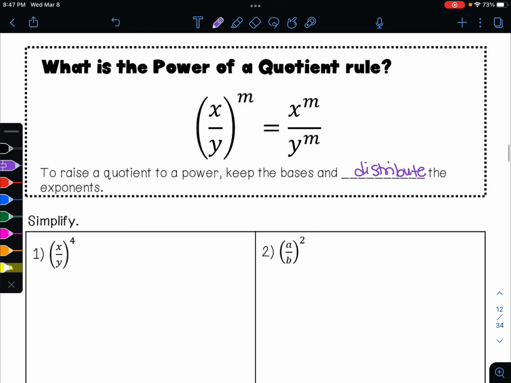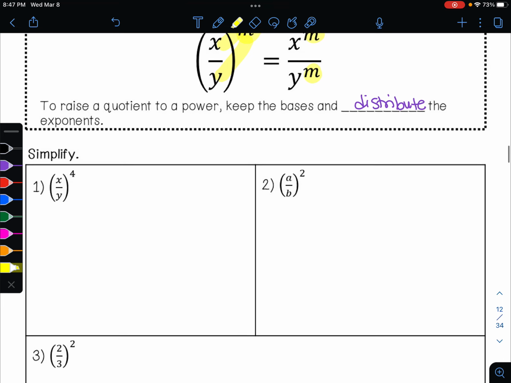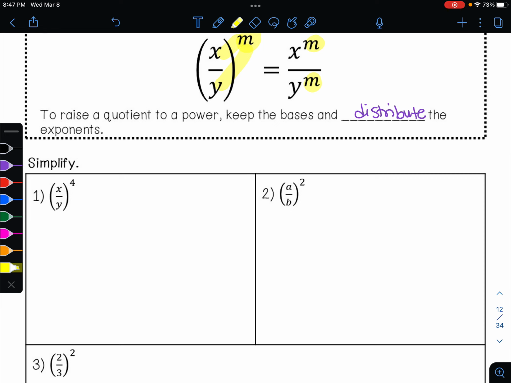So if I have x over y to the power of m, that m goes to both my numerator and my denominator. So in example 1, if I have x over y raised to the power of 4, that will mean that I have x to the 4th over y to the 4th. I cannot keep the base and subtract my exponents because my bases are different. They're not the same. So this is my answer.